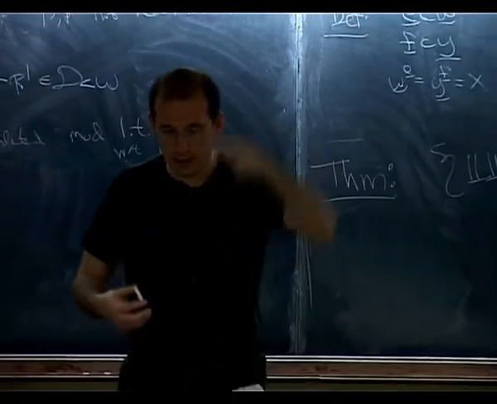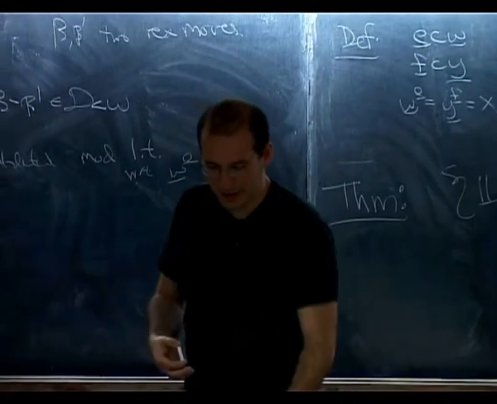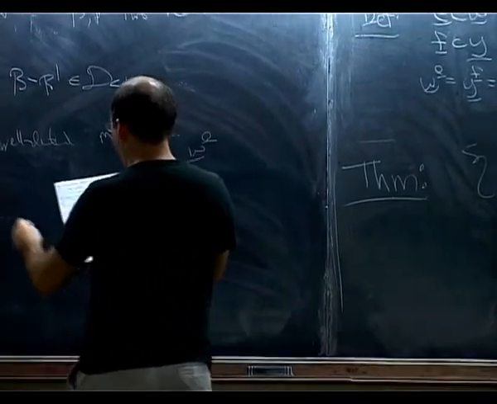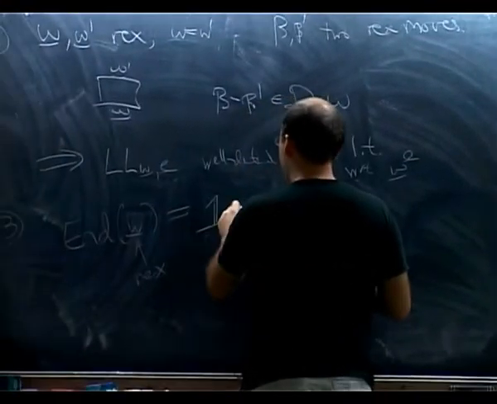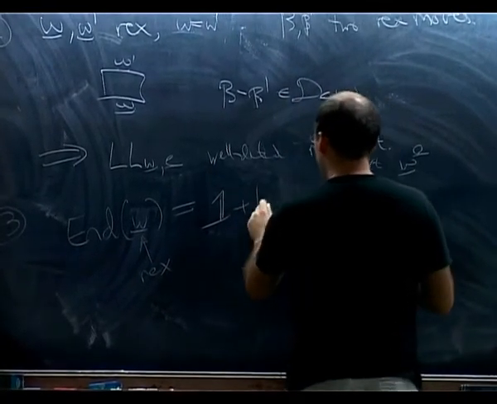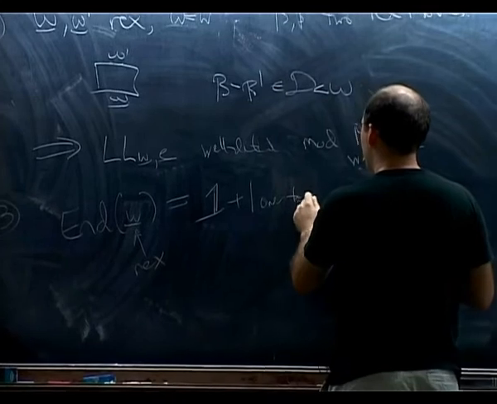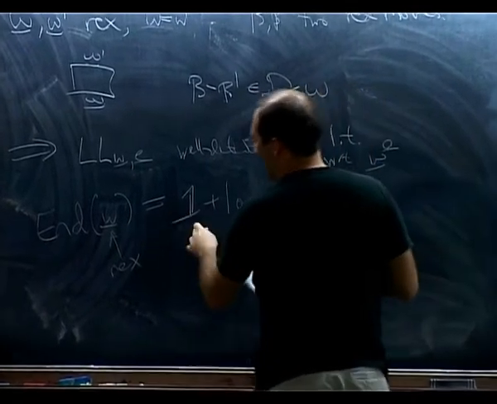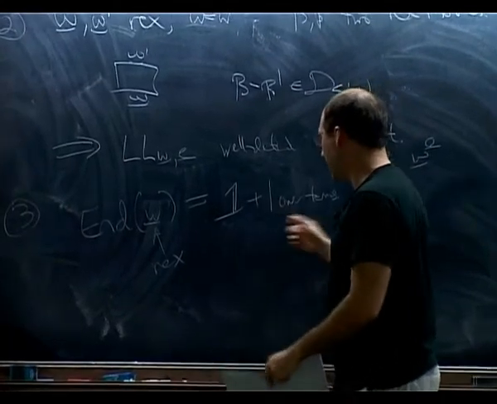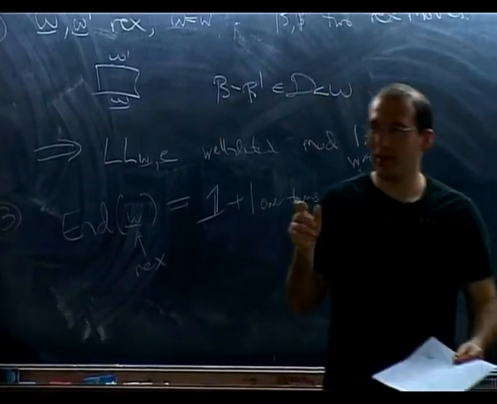And similarly, the other half, going upside down, is the same thing. So in particular, this thing is the identity plus lower terms. The identity is obviously an element in here. It spans a one-dimensional space, and everything else is lower terms.